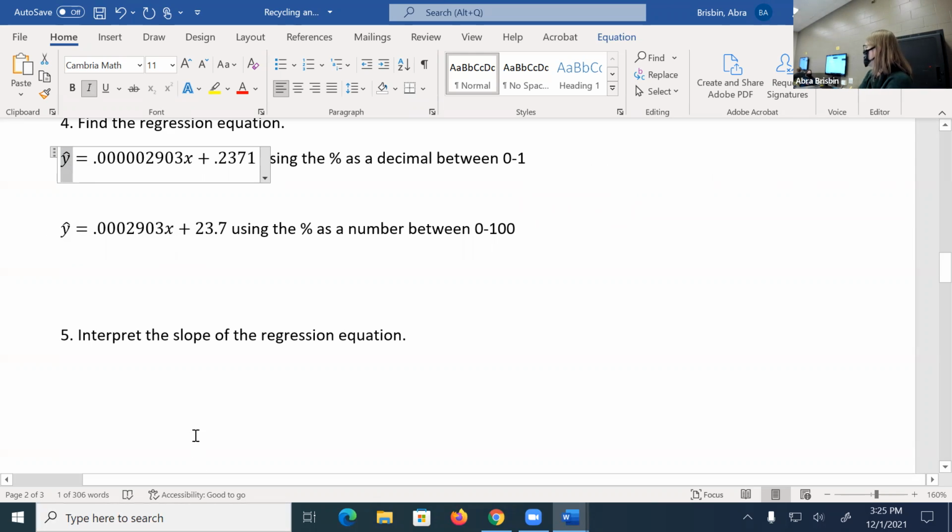So really these equations are saying the same things, just the numbers in the second equation are 100 times bigger than the numbers in the first equation because the Y values were 100 times bigger. So that's going to make a difference in how we then interpret the slope of the regression equation.